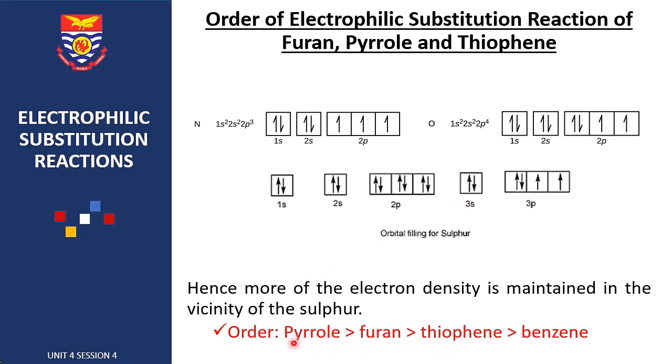And furan, because oxygen is more electronegative and unable to release its electrons into the ring, is also less reactive than pyrrole, because nitrogen's electrons are easily donated into the ring to make the ring electron rich towards an electrophile. So pyrrole is the most reactive, followed by furan, thiophene being the least, and because all these three are more reactive than benzene, thiophene, as expected, will be more reactive than benzene.